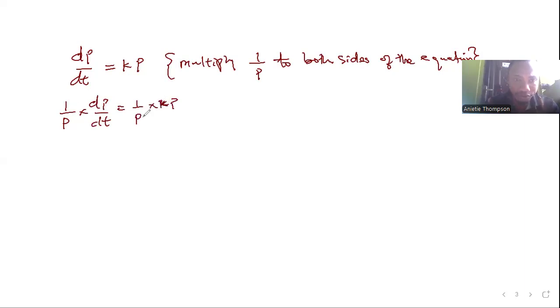So we can see that p here can cancel this, and at the end we have dp over p dt equals only k. At this time, I'm going to multiply both sides by dt.